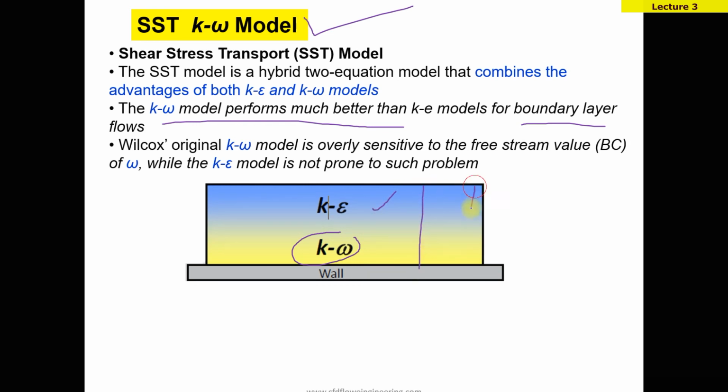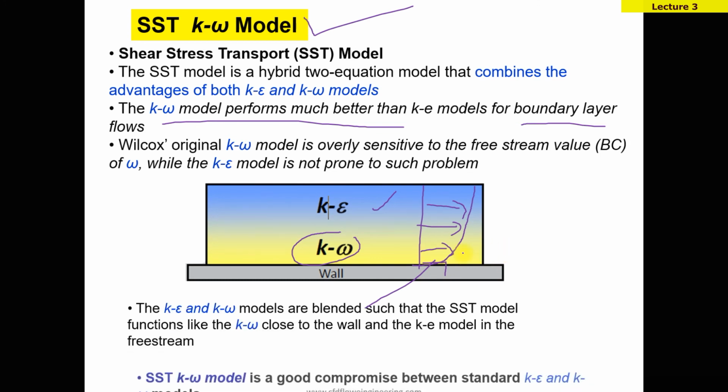You can see the velocity profile will be very smooth away from the wall, but very near the wall it is not a smooth velocity gradient, so the k-omega model takes care of it. Please note that the mesh should be sufficiently fine to capture it.